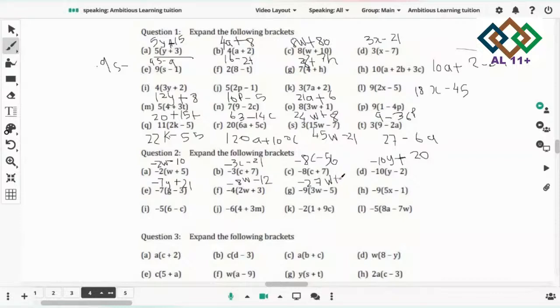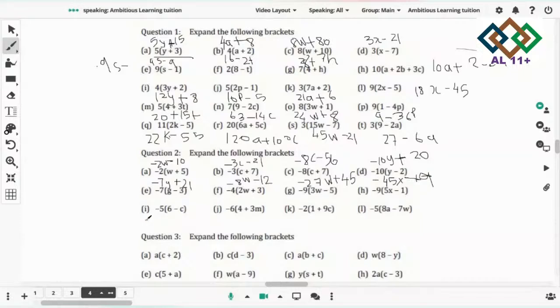So here, which I told you guys, you have to be careful about the sign, and all of you got it wrong, is plus 45. And the next one now, it'll be minus 45x plus 9.